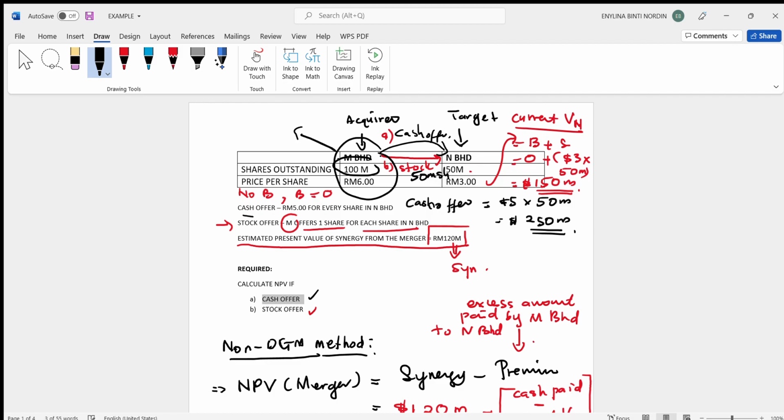What is the value of M? B plus S. B is 0, S is 6 ringgit multiplied by 100 million. So that means value of M is 600 million ringgit and value of N is 150 million.